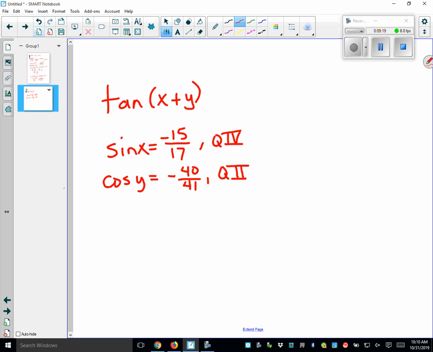All that is given. What do we do first? Draw our triangles.